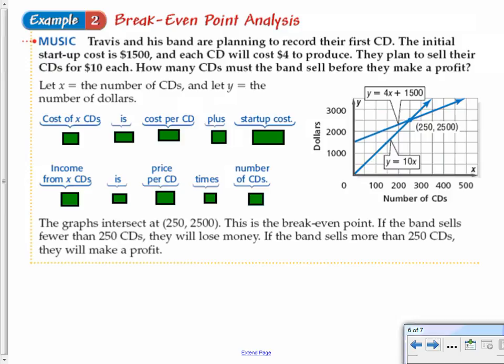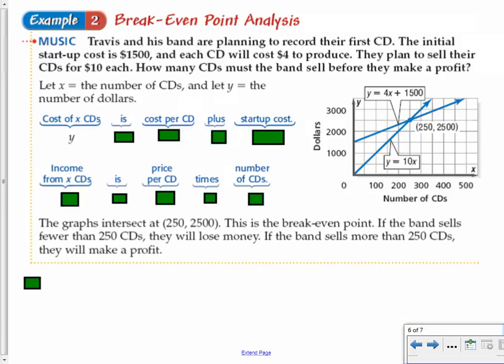In the first one, we're going to look at their overall cost. In both cases, we'll let x be the number of CDs and y be the number of dollars being discussed here. So the cost of x amount of CDs. We don't know how many CDs we have, but we're talking about the cost. That's going to be our y value.